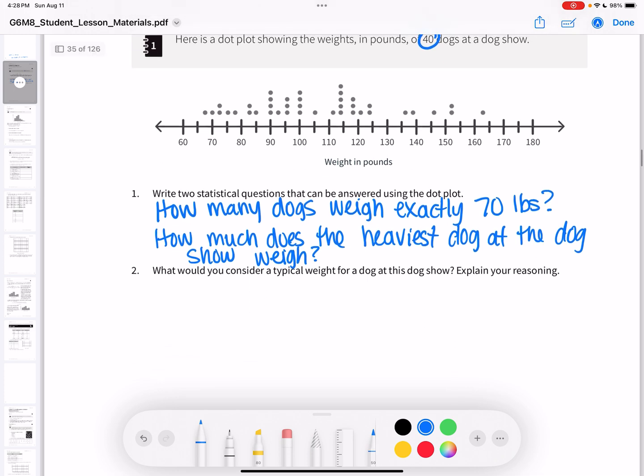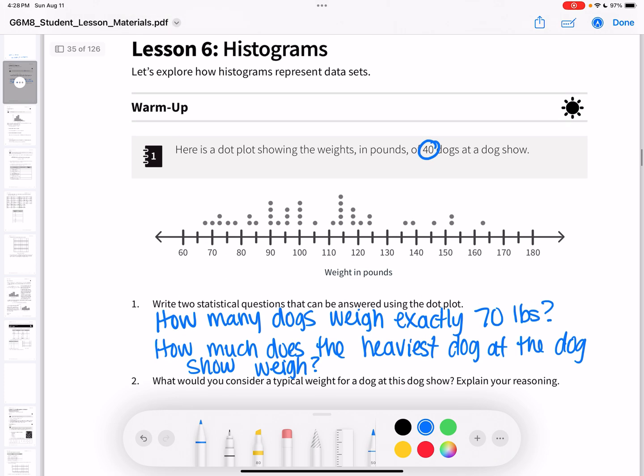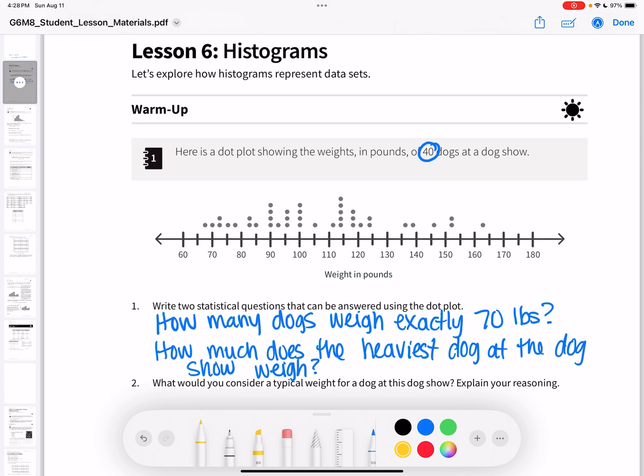2, what would you consider a typical weight for a dog at this dog show? Explain your reasoning. So if I look, the distribution kind of goes like that. So the middle section, or the center, remember that word from last time? Center.